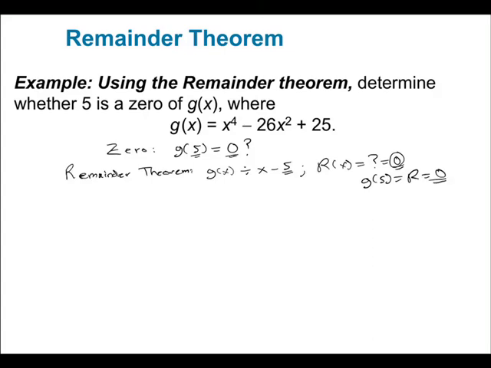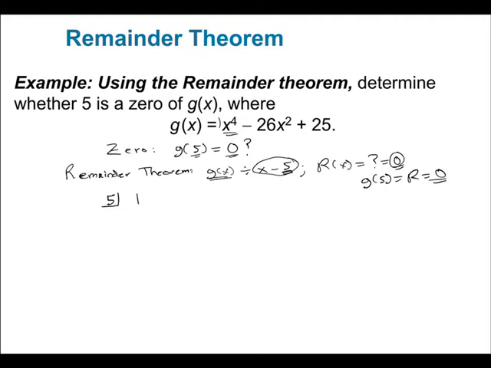Let's use synthetic division. So again, here's our divisor, there's our value k. We're going to take 5, the number subtracted from x in our divisor, and line up the coefficients of our dividend. So what are we dividing into? g of x. The leading term, coefficient of x to the 4th power, is 1.